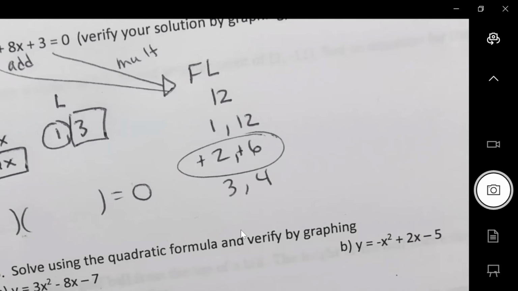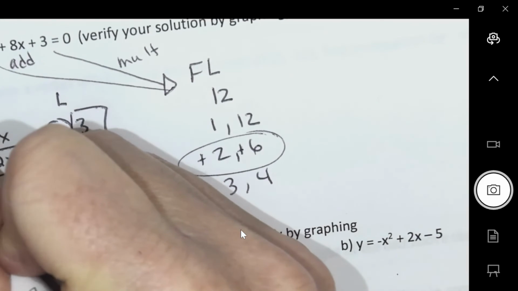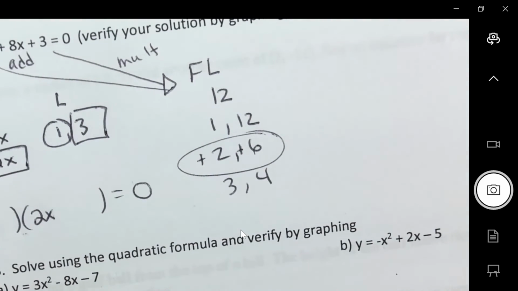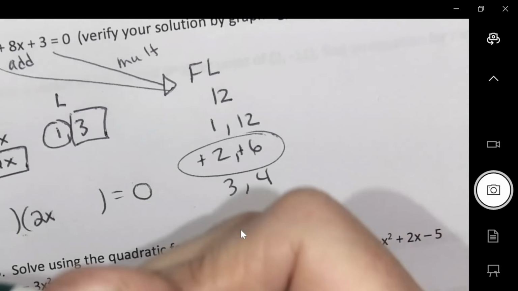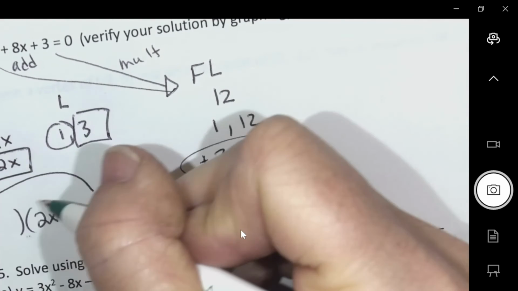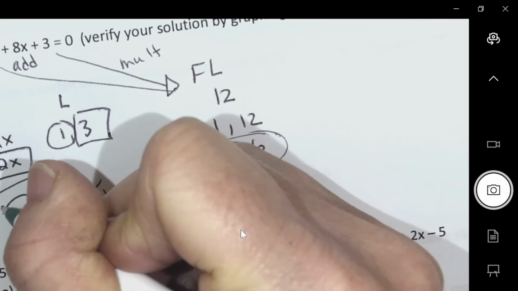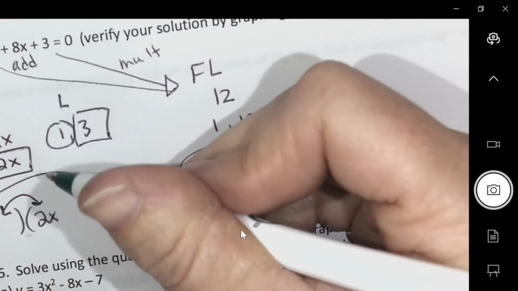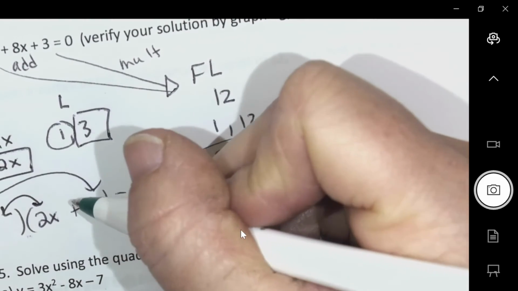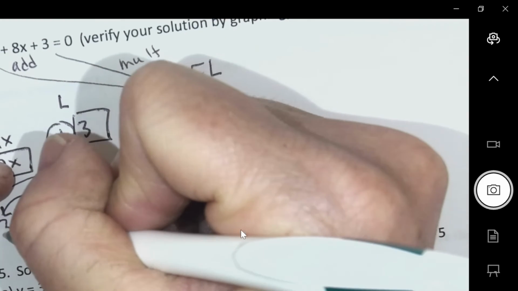Okay, now I have to fit all the puzzle pieces into my brackets. So 2x times 2x is how I made my 4x squared. And now I'm going to do some rainbow arcs here. What am I partnering with 2? 2x with the 1, and this 2x with the 3.